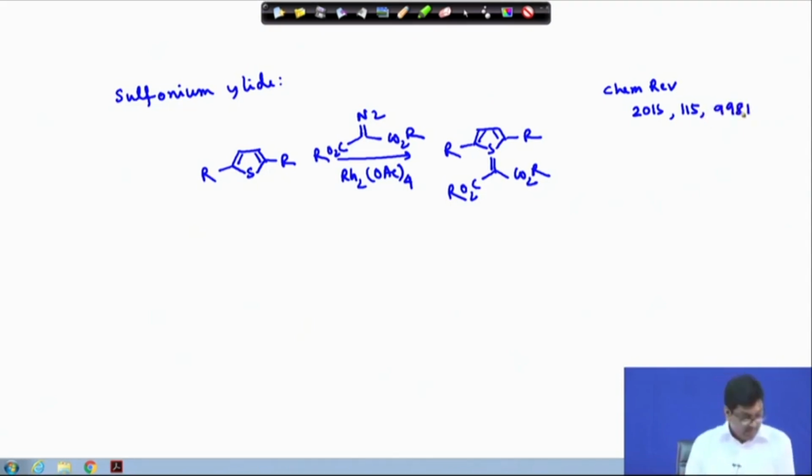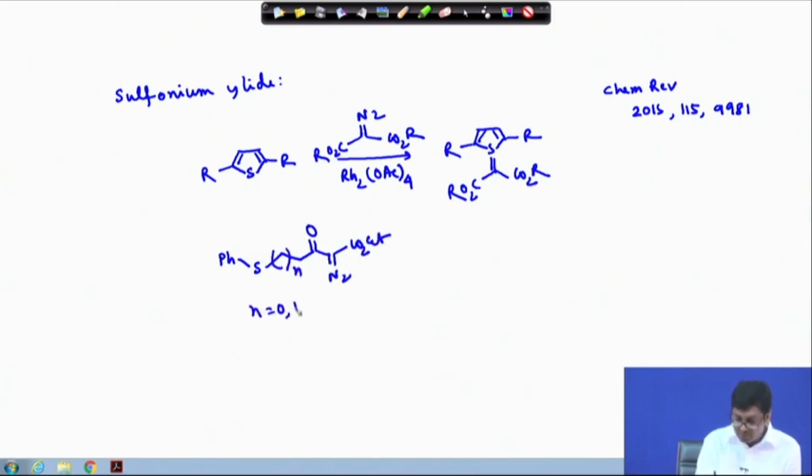Okay. So, next, in a similar way, another sulfur-containing substrate where sulfur can react in an intramolecular way with the carbenoid to form the corresponding cyclic compound. Here n equals 0, 1, 2, 3, in the presence of rhodium 2 acetate again.